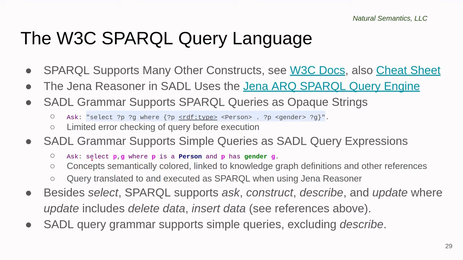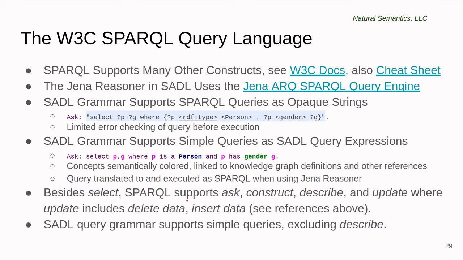When I use the SADL grammar for queries, the concepts are semantically colored. They're linked to the knowledge graph definitions and other references, and these queries are translated to and executed as SPARQL using the same SPARQL query engine. We have only talked about select queries.